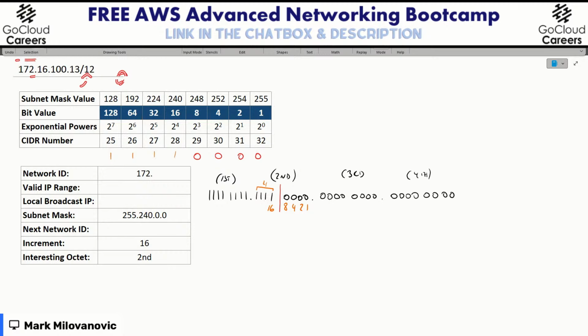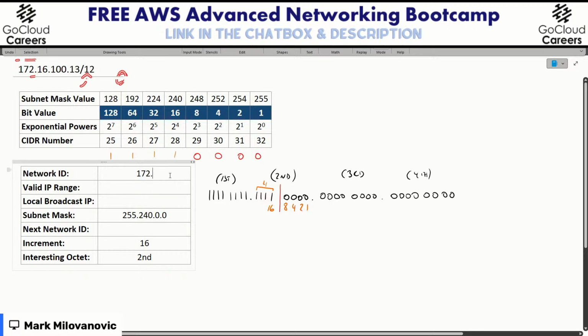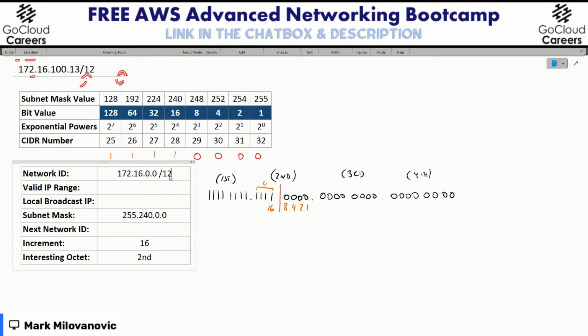Because our farthest right bit right here is the 16, this becomes our increment, because that's where our network portion based on a subnet mask ends. So that's why our actual network ID would look like this, based on this value. Does everybody understand that?